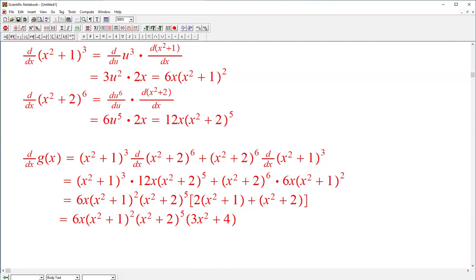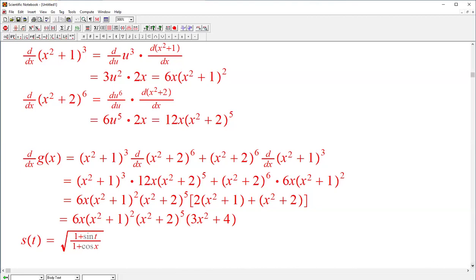So that was an example. So let's look at another example. And this one involves a trig function. So we have s of t equals the square root of (1 plus sine t) over (1 plus cosine t).